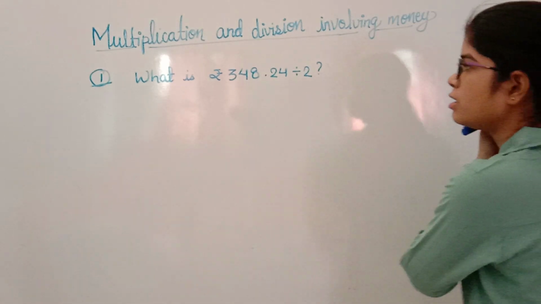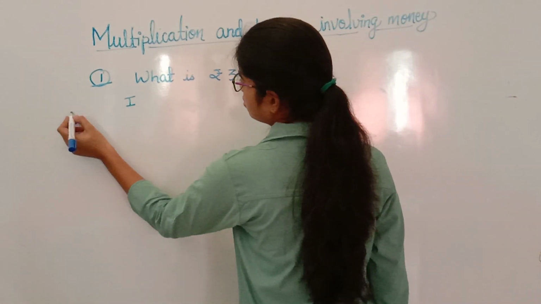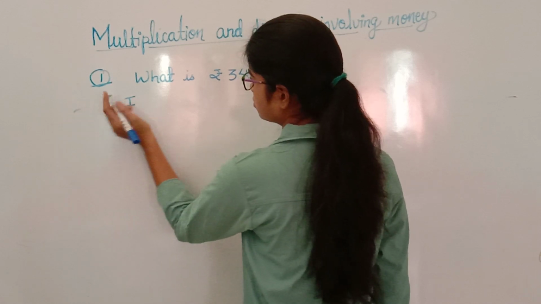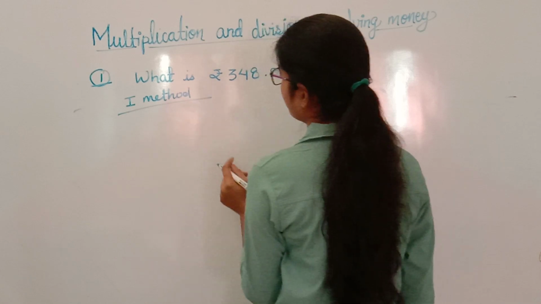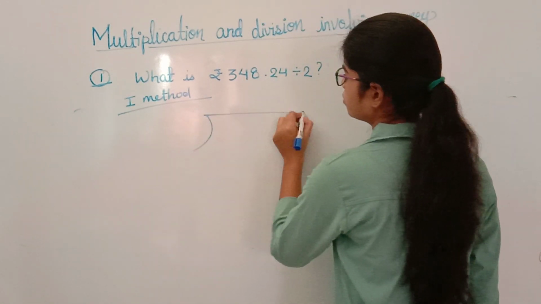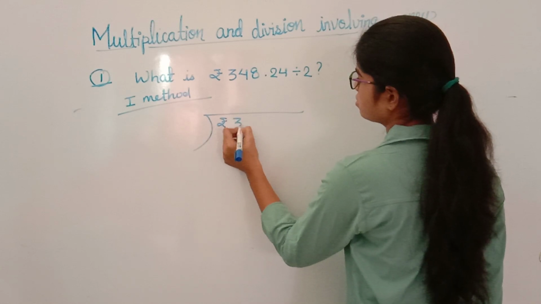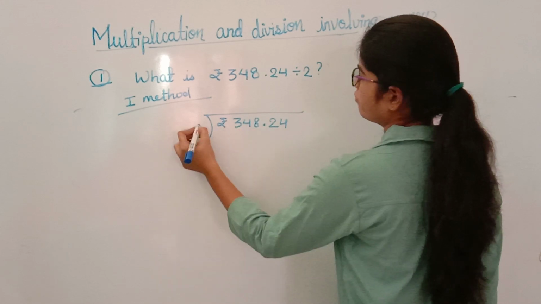In this process, the first method is the basic method, which is directly dividing by 2. So this rupees 348.24, we divide by 2.